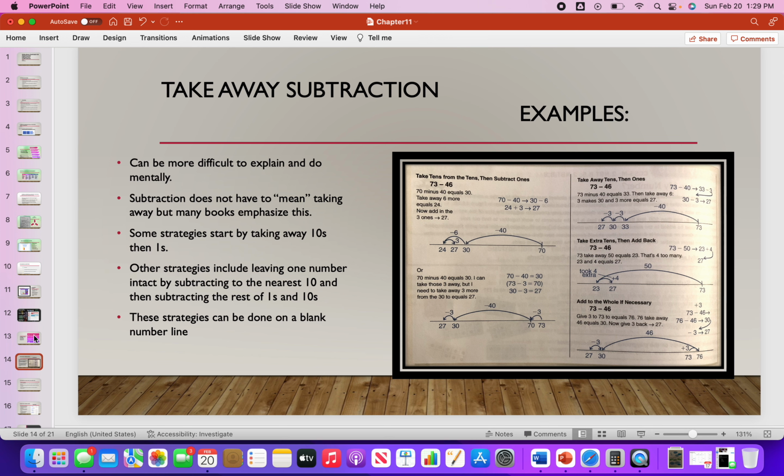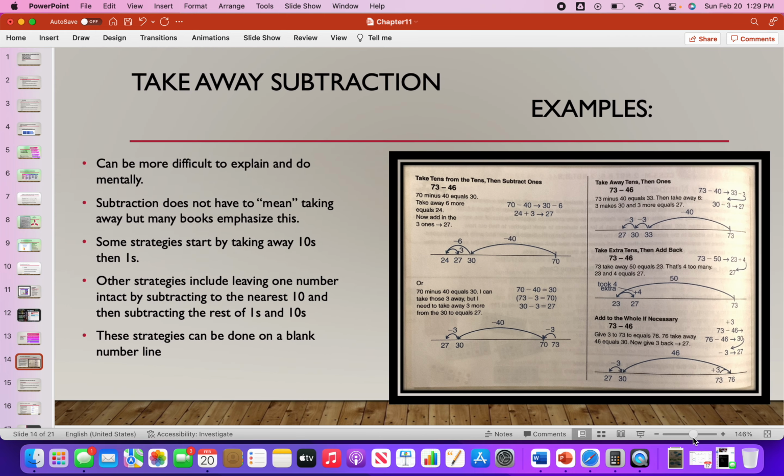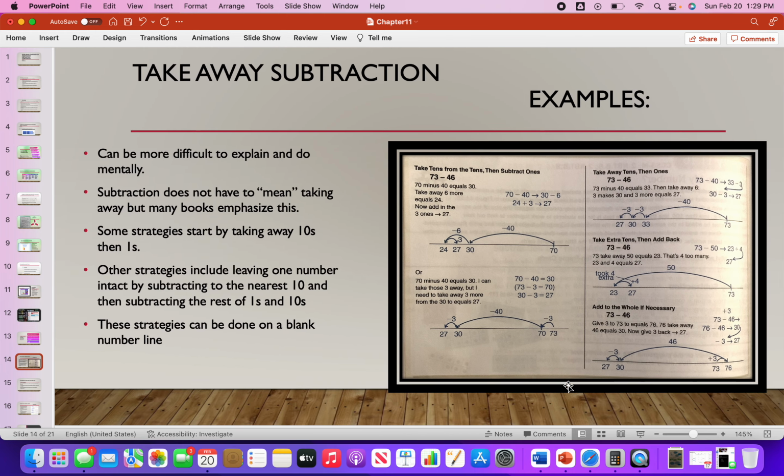Some strategies start by taking away tens, then ones. Other strategies include leaving one number intact by subtracting to the nearest 10, and then subtracting the rest of the tens and ones. These strategies can be done on a blank number line, as you can see in this example from the book.